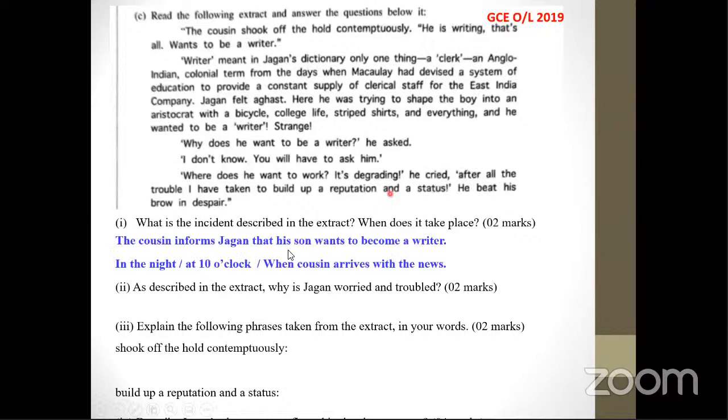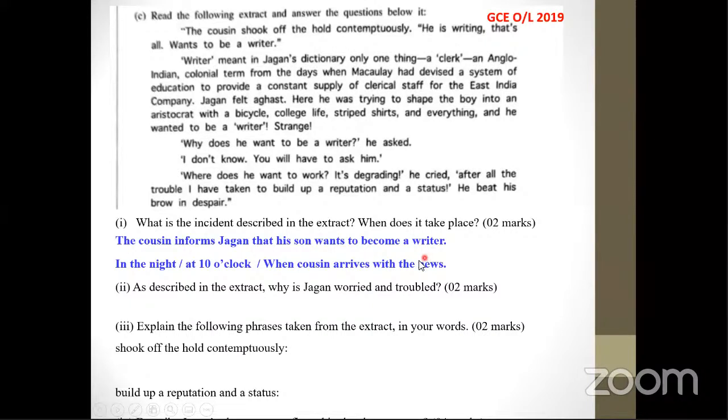Okay, the first one. The cousin informs Jagan that his son wants to become a writer. Now we know Mali had gone to America, studied and come back. But here we focus on the situation before going to America. Earlier there was a conflict.